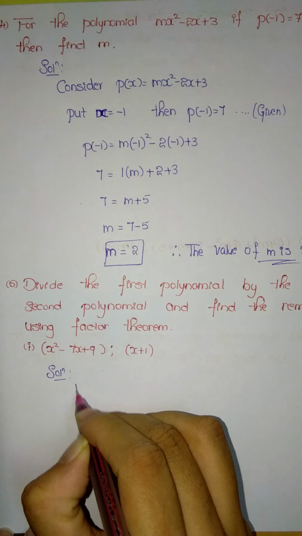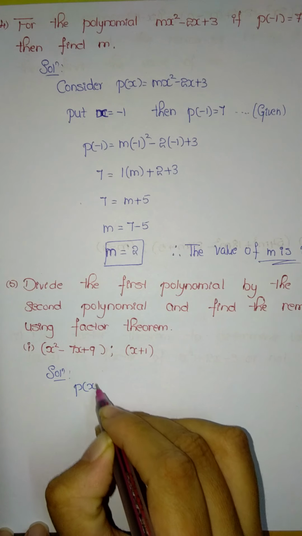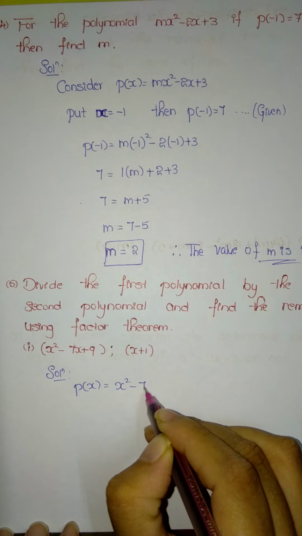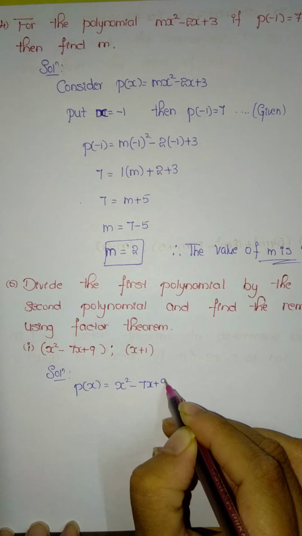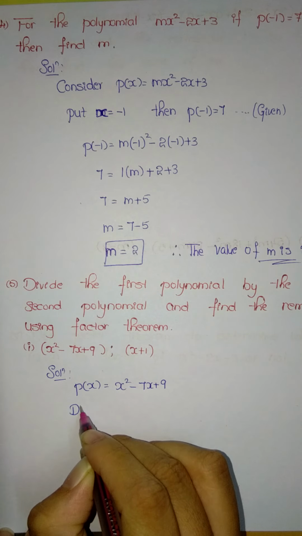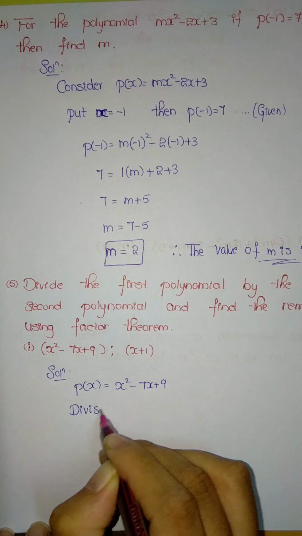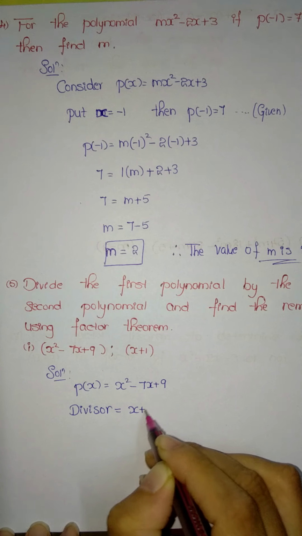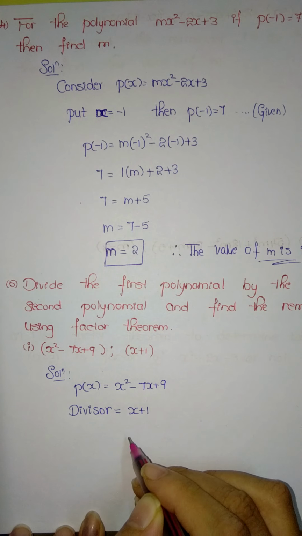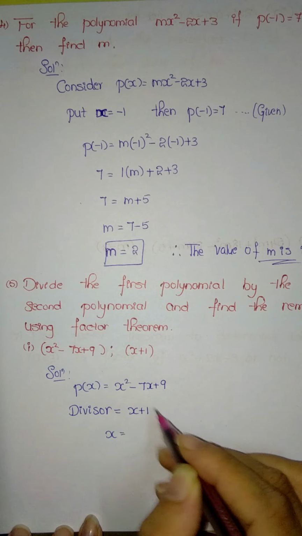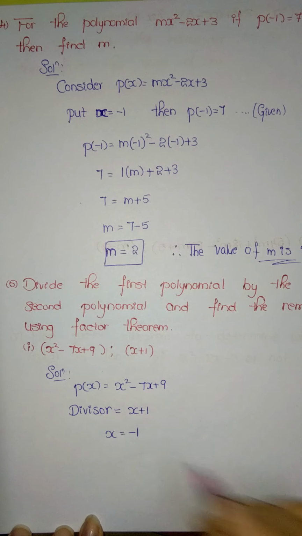consider p of x equal to x square minus 7x plus 9 and here divisor equal to x plus 1. So here x plus 1 है तो we have to put x equal to plus 1 का इस तरफ लेके आएंगे तो क्या होगा minus 1.